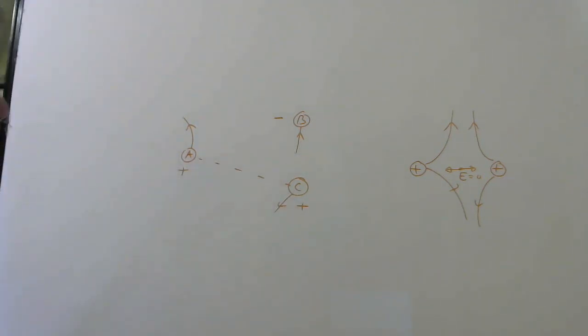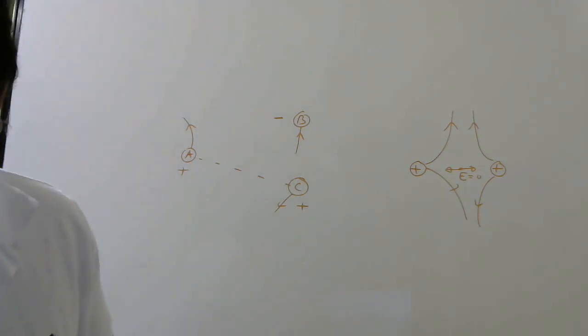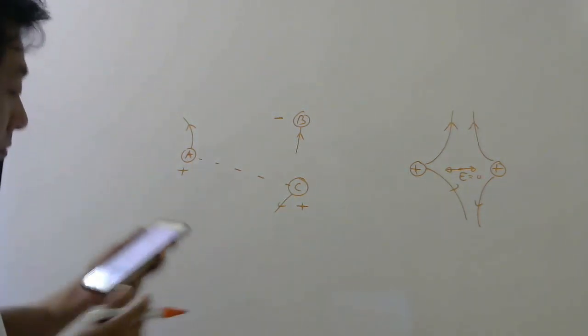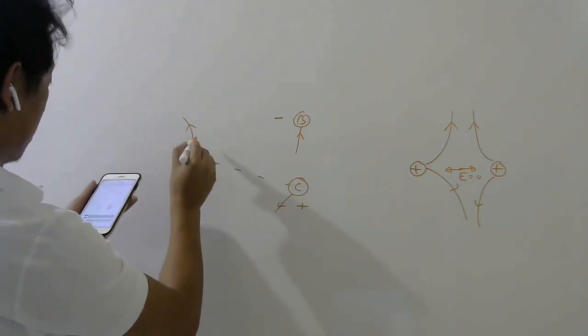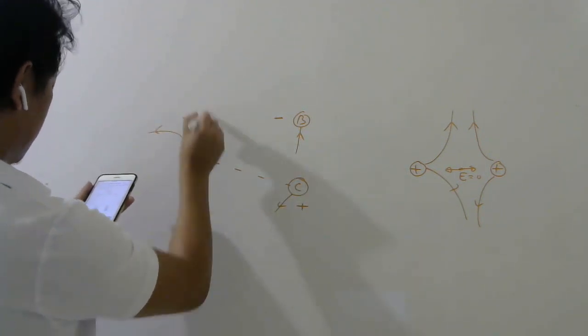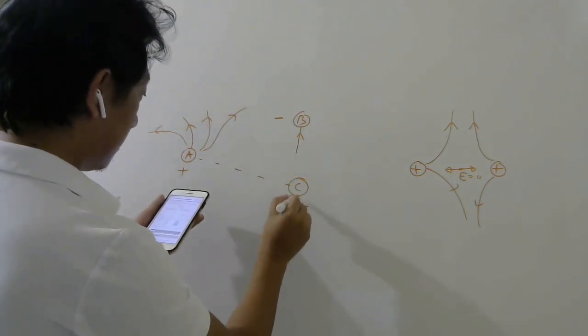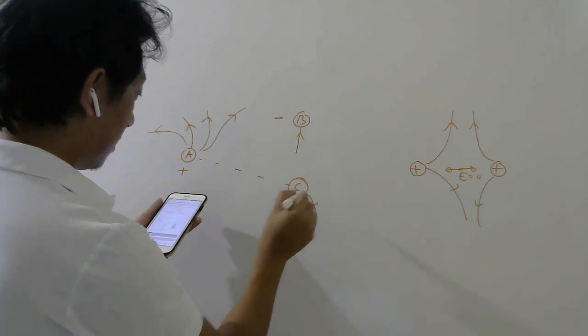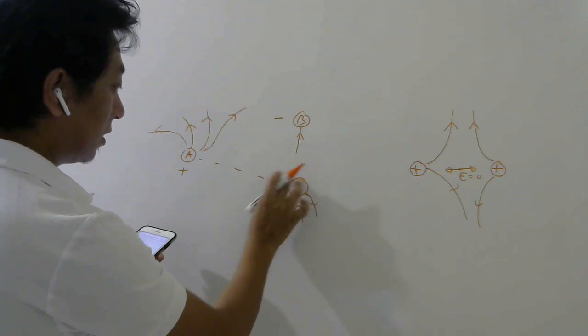Now the question is, will it be at the midpoint? No, because if you look at the field lines, you can see that more lines are concentrated here than here. Here they are quite far, right? Here they are very much concentrated. So since lines are closer here, it means electric field here is stronger than here.